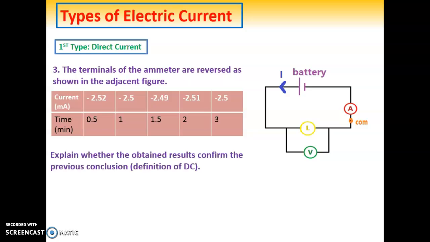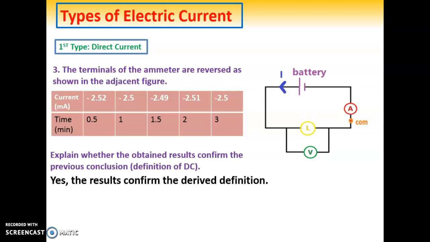Does this confirm the previous conclusion? Yes, the results here confirm the derived definition. The results confirm that the absolute value of the current, or the intensity, remains the same and that the direction remains the same. The direction here is considered to be the same because all the values have the same sign, which is negative.